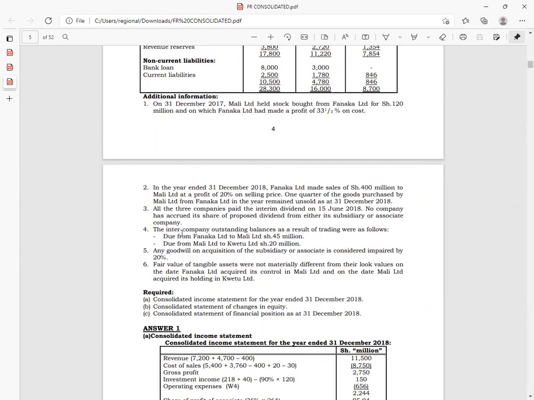Intercompany outstanding balances and goodwill will not affect us either. 6, fair value of tangible assets were not materially different from their book values on the date of acquisition.